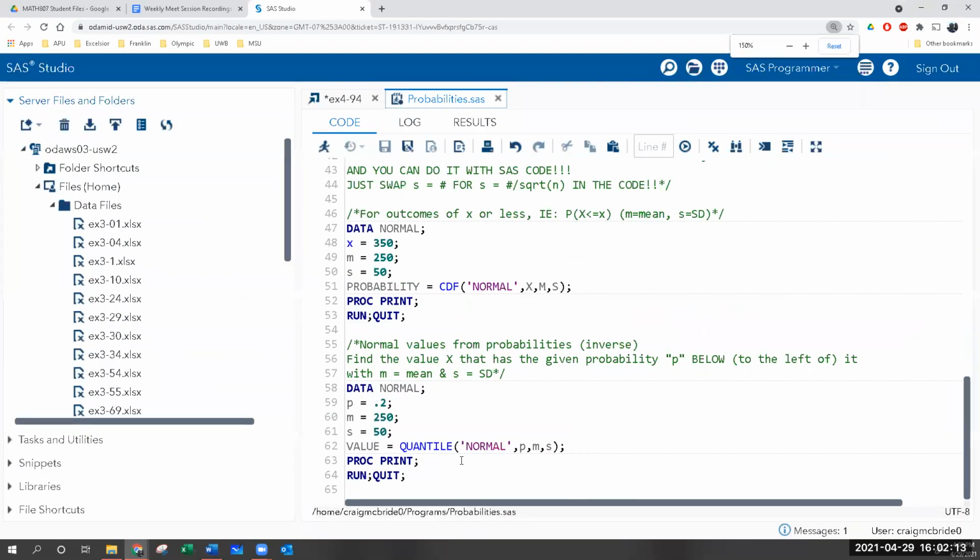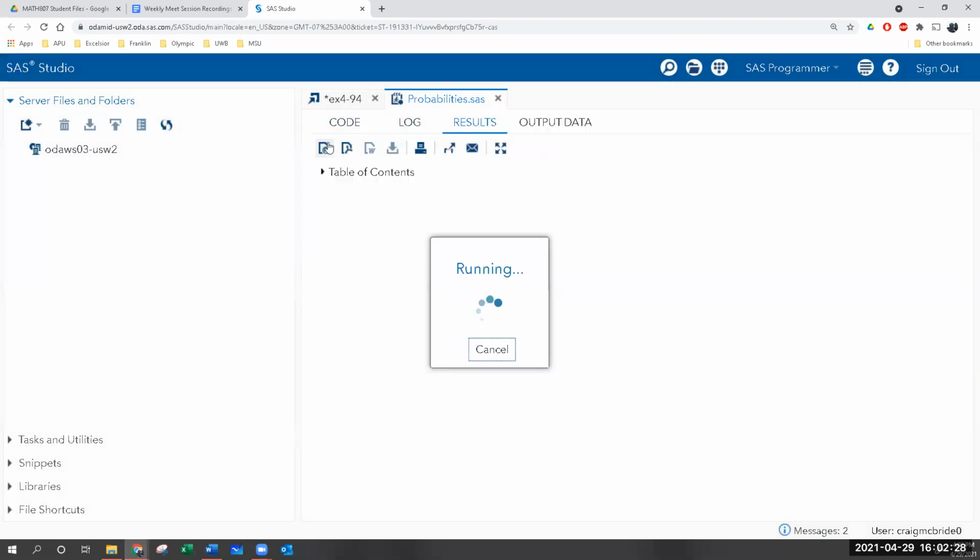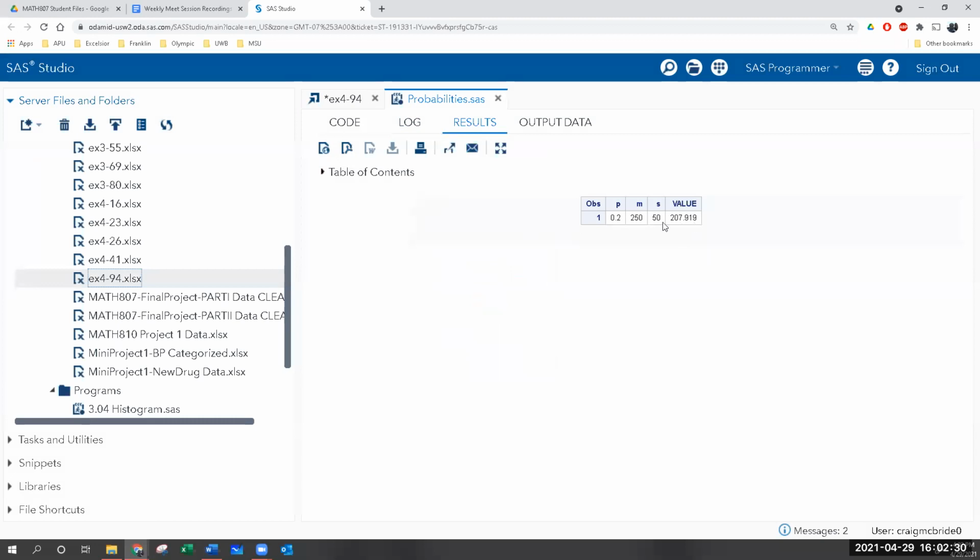Make it bigger so everybody can see it. Go to the quartile function, put in my mean, put in my standard deviation, and if I want the lower bound, I put in 20%. If I want the upper bound, I put in 80%. If we run this one, that tells me the lower bound.